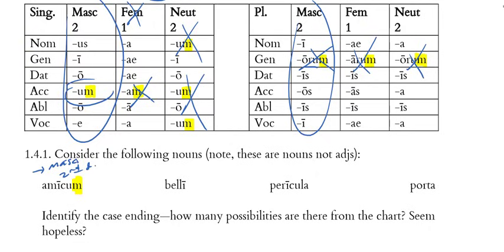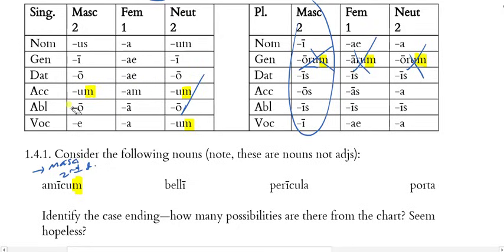Now let's delete all this stuff, and let's do the same here with belli. Belli, and remember these are nouns, not adjectives. So we do have an adjective that has the belli form, but this is the noun. Okay. Now look at the ending here. This is a long I. So where do I see that? I see it here. I see it here. I see it here and here, and that's it. Okay. So I have 1, 2, 3, 4 possibilities here.